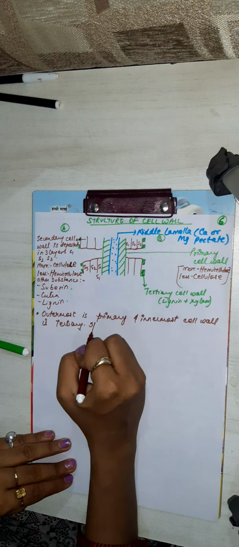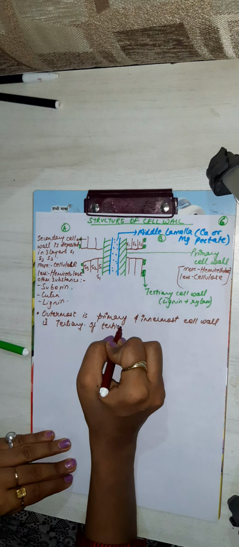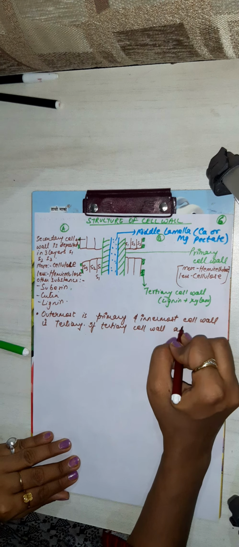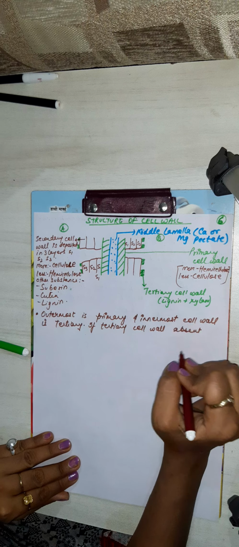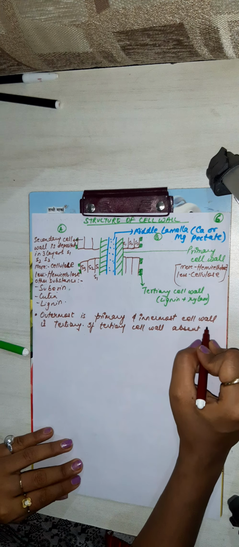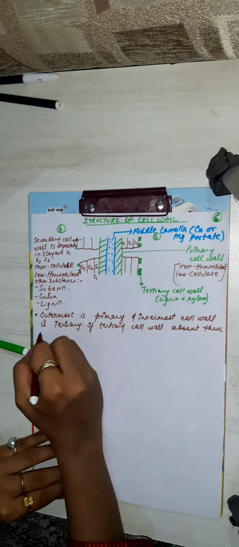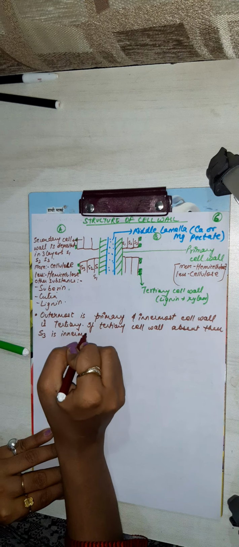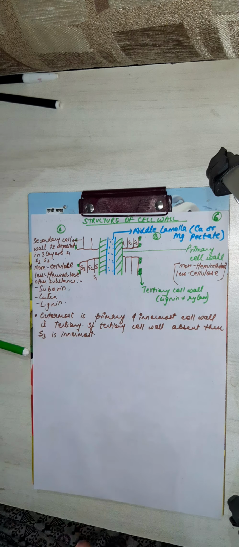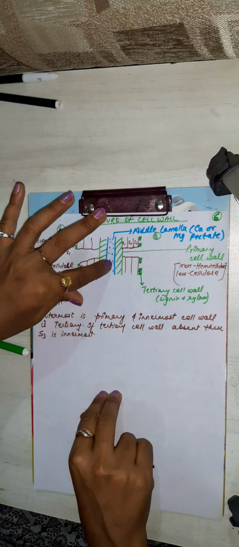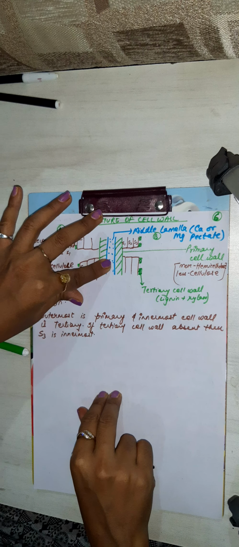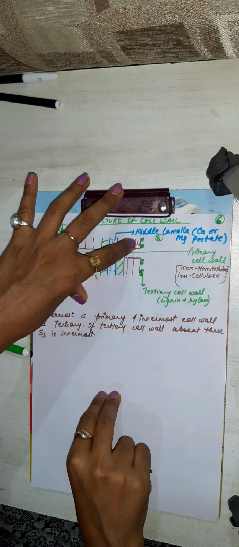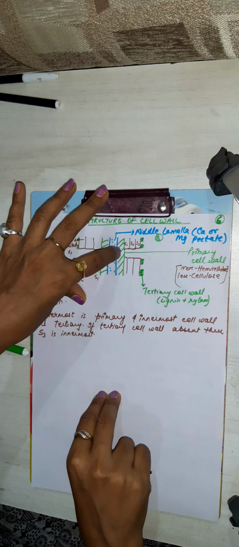One more thing, if tertiary cell wall is absent, then secondary, that is S3, then S3 is innermost. So I will do a recap. It is middle lamella, okay, and this green one is primary and then secondary. Okay, middle, primary, secondary.